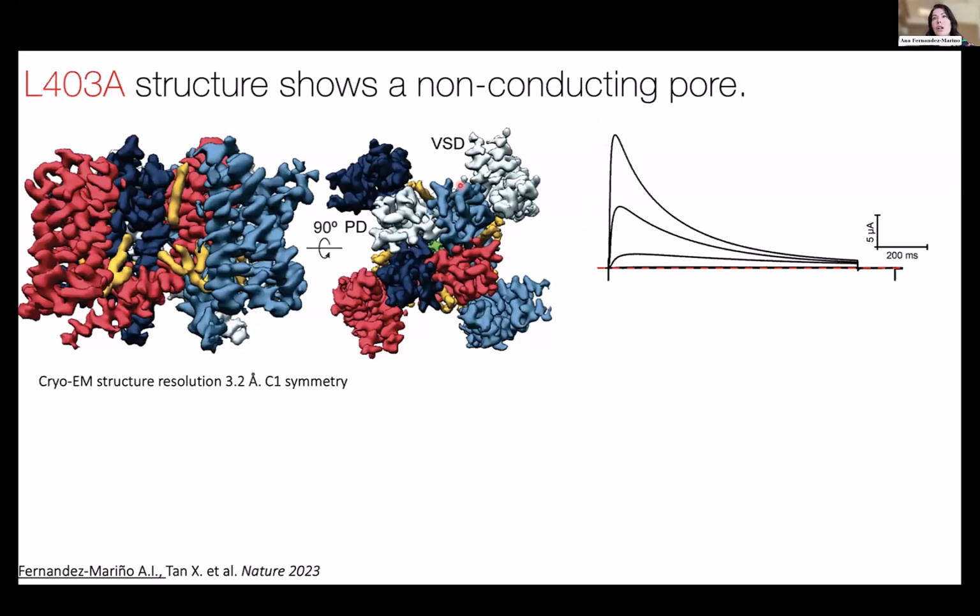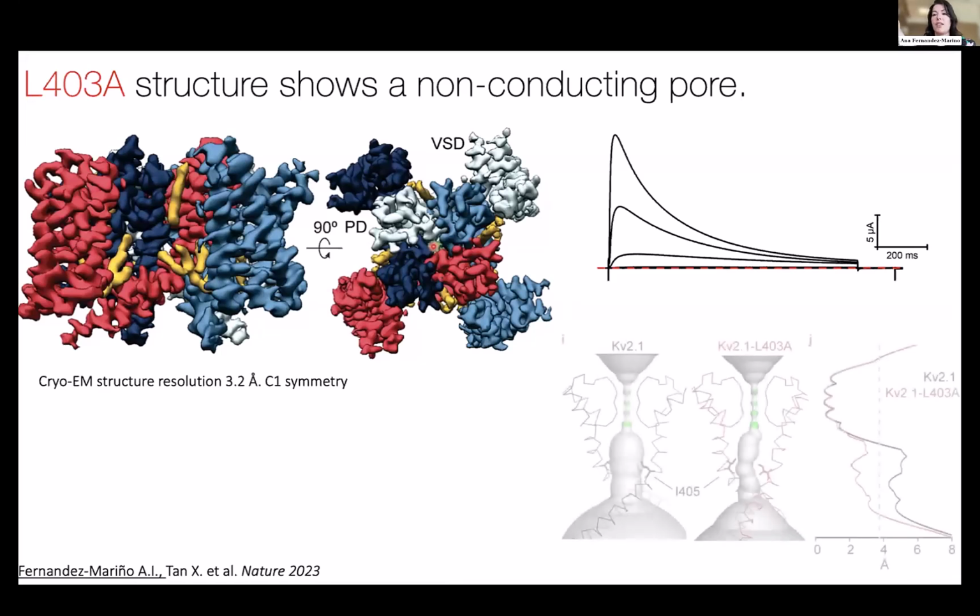So we could solve the structure again using cryo-EM. Overall, the structure that we saw for L403A was very similar to the wild-type channel: voltage sensor domains in the periphery in the activated state, and a selectivity filter coordinating potassium ions. It was all very similar except for the gating region.